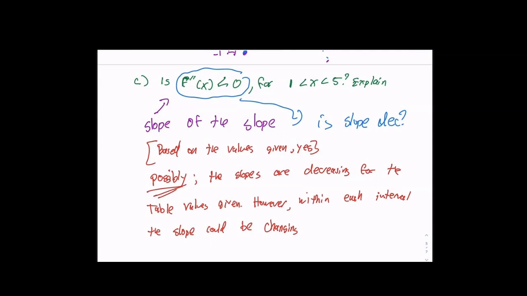Wait, I'm confused because didn't you say that if there's two positives, it could be, but as soon as there's a negative, it's no longer? We're talking about question C, about the slopes decreasing. Oh. So it could. That's why I said possibly.